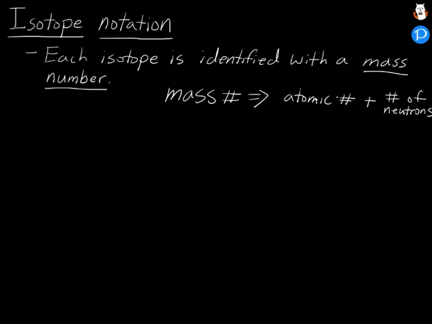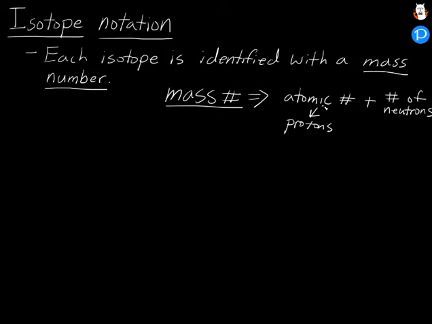These two things added together give us the mass of a specific isotope. And the atomic number is how many protons you have. So essentially, the mass of any isotope is just counting up how many protons and how many neutrons it has, and adding them together.